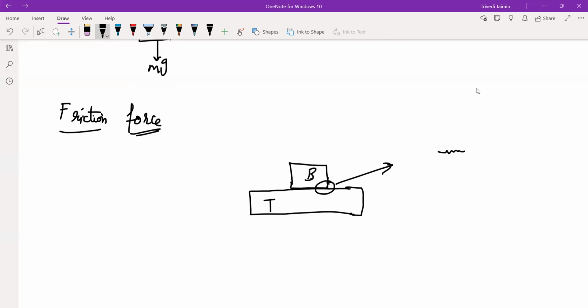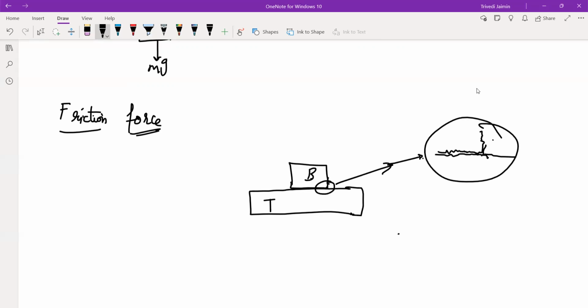It will not be exactly smooth, even ice.